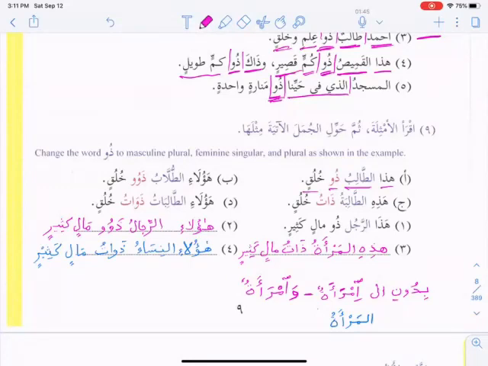Hazihi talibatun, hazihi mubtada, talibatun badal. Zatu is the monas of zu. Zatu khulukin. Khulukin didn't change, you know. This female student is well mannered.